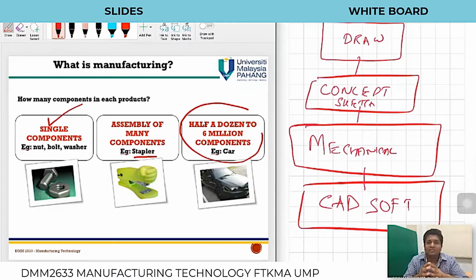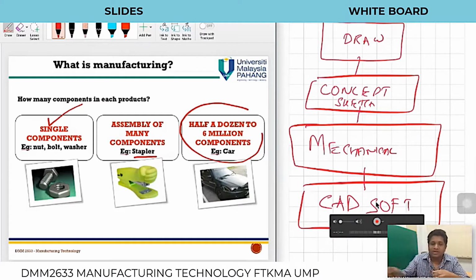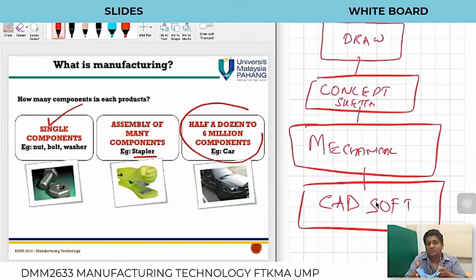That is why we have thousands of manufacturing processes to create different types of products. That is why the manufacturing course has a lot of manufacturing types, and in those types you can see different types of processes. So you just need to get the idea that if I want to create a bent sheet, which manufacturing process should I use?